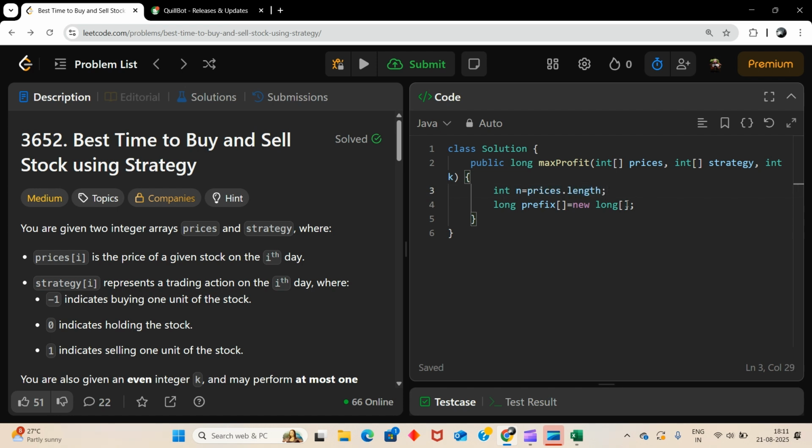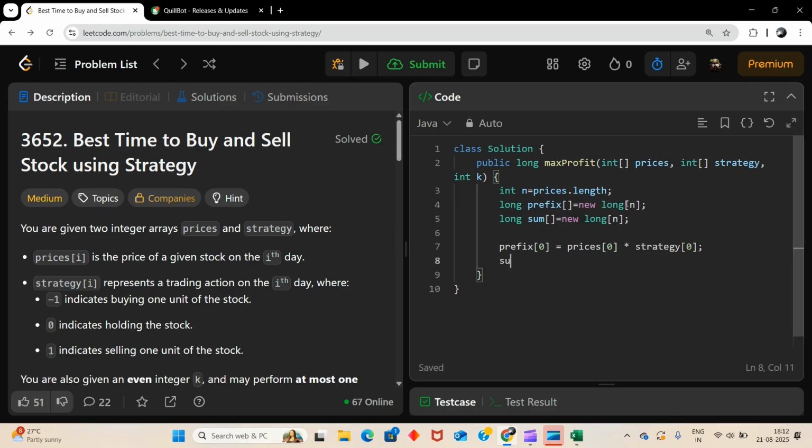One more array we want for sum, so long sum is equal to new long n. So what will be the prefix of 0? It will be prices of 0 into strategy of 0. And what will be the sum of 0? Sum of 0 will be prices of 0.